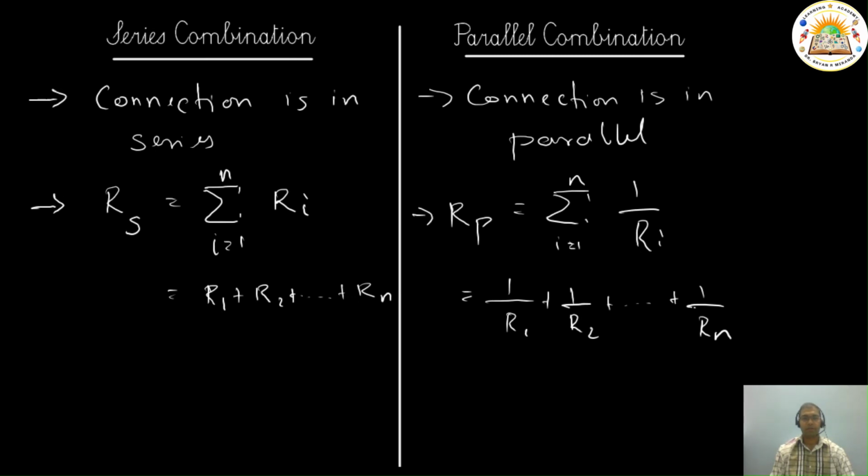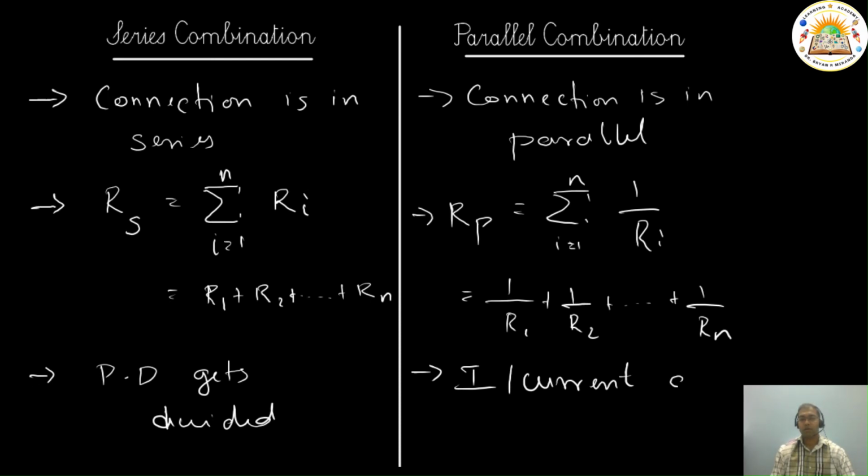Let us look at the next difference. The important difference is that in series the potential difference gets divided, whereas in parallel, current gets divided. So let us put the expressions for potential difference and current.